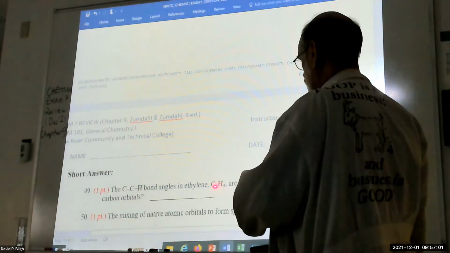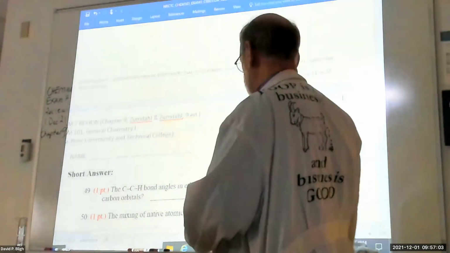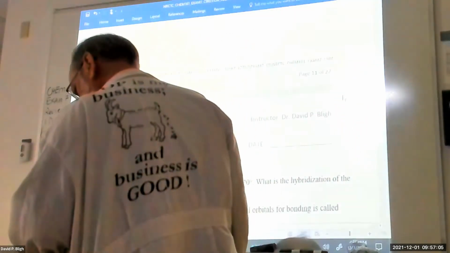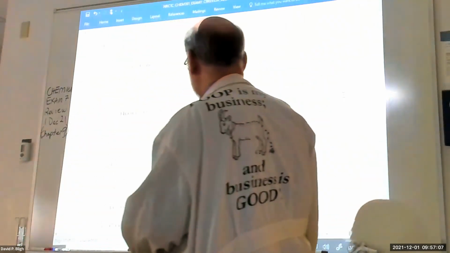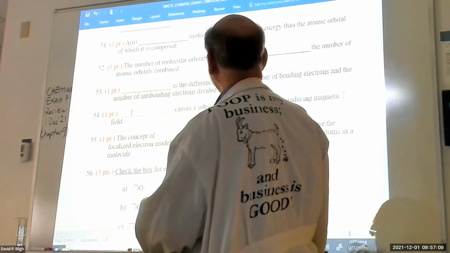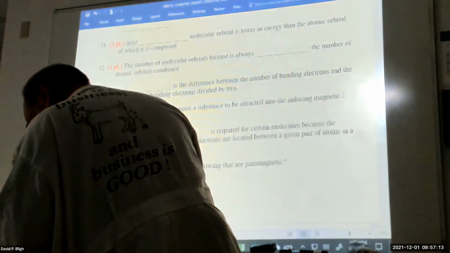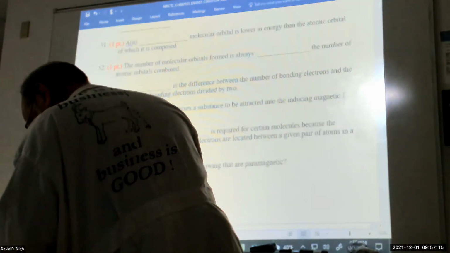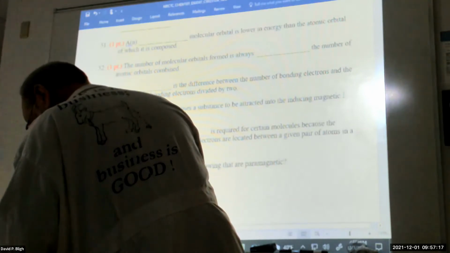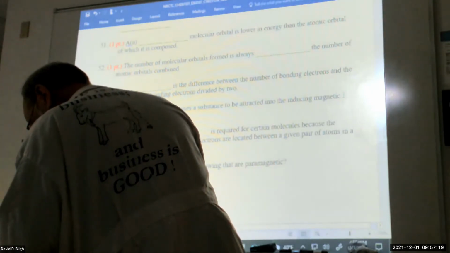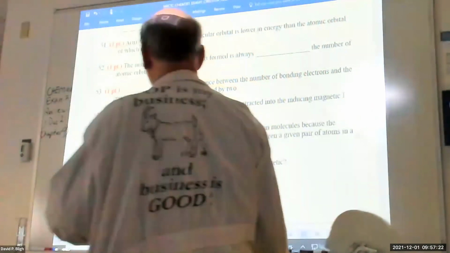Hybridization for this molecule would be sp2. Let's see, I don't see anything. Maybe we would look at 455.